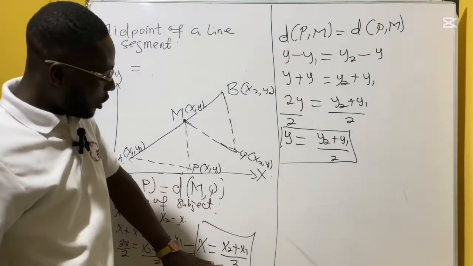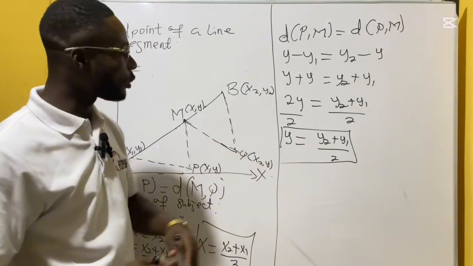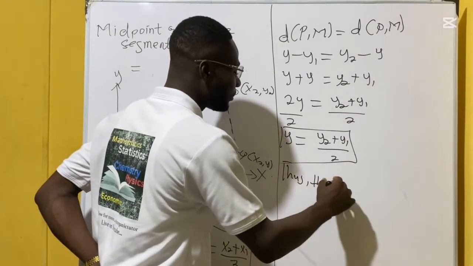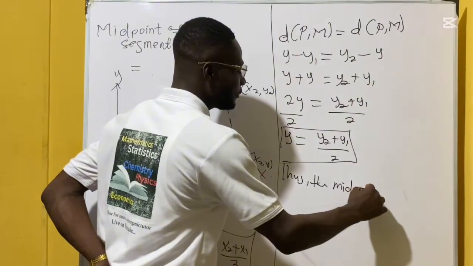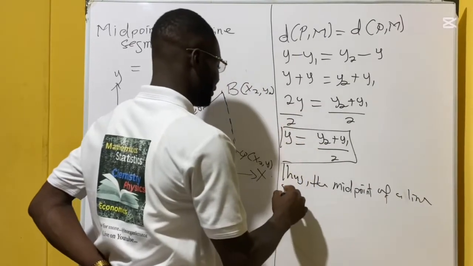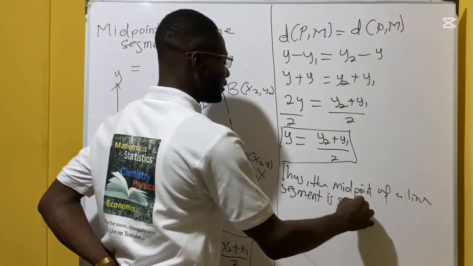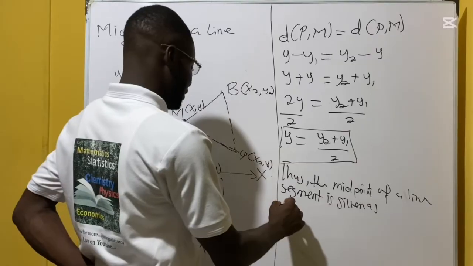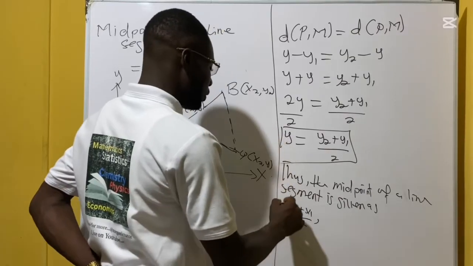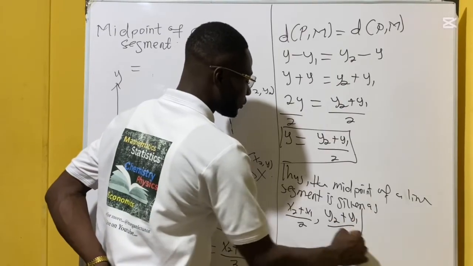So this is basically the x coordinate and this is the y coordinate, right? So we can say that the midpoint of a line segment is given as x2 plus x1 divided by 2, comma, y2 plus y1 divided by 2.